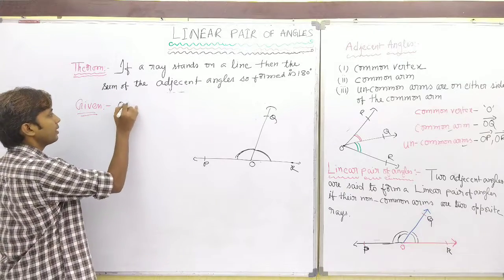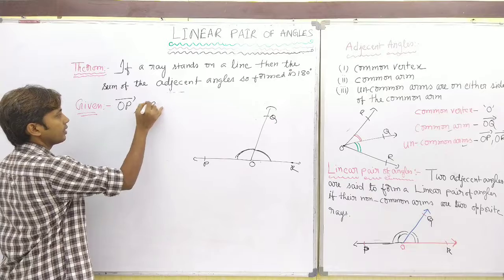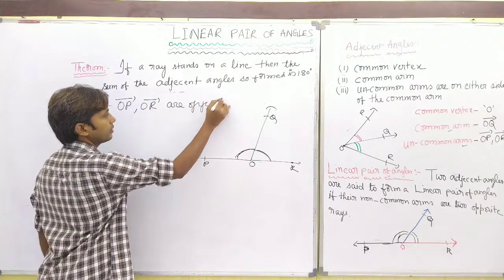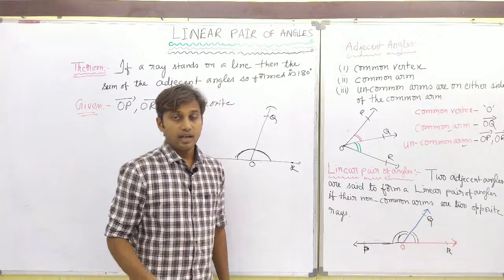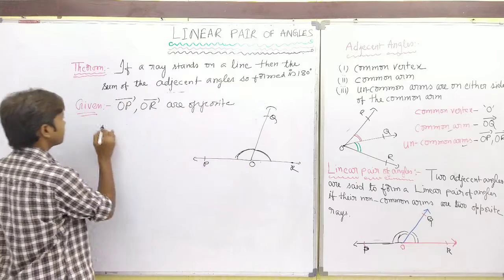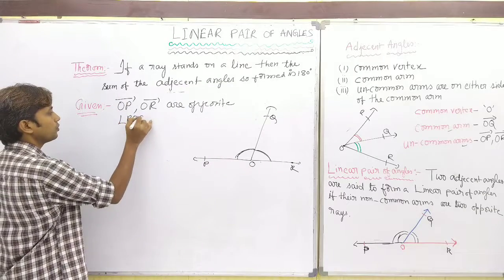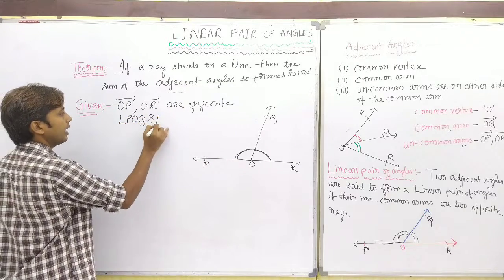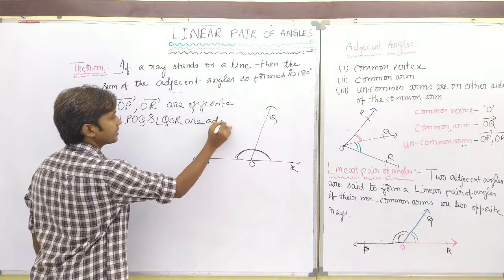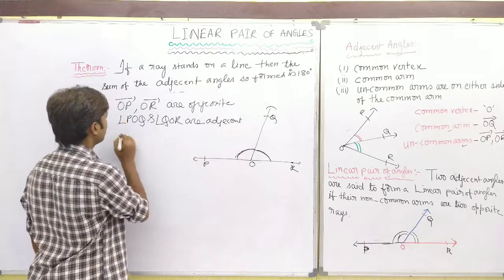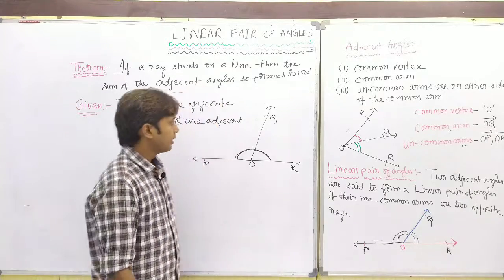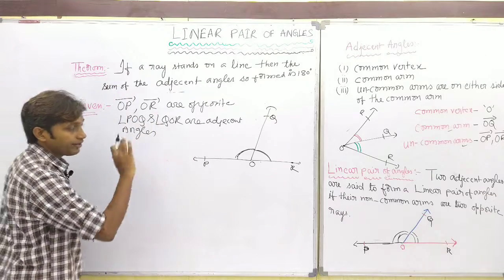So OP and OR are opposite. That was the first thing given. And moreover, what are the adjacent angles given? Angle POQ and angle QOR are adjacent angles. Got it? So now this is the given information.